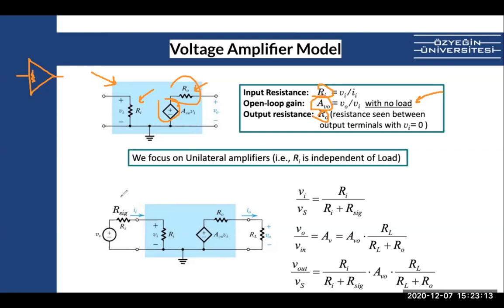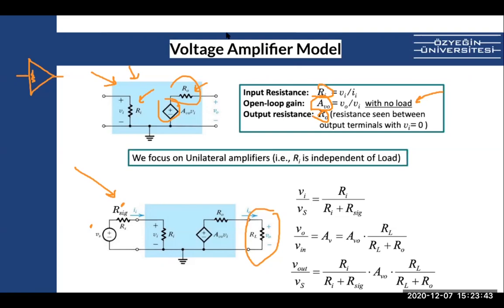So when you are given a circuit, let's say the most basic is just like this one, okay? You are connected to a signal. The signal has a voltage source and a source resistance, we call it R signal, and at the output you connected a load. So when I ask you, hey, what is the gain of this system?